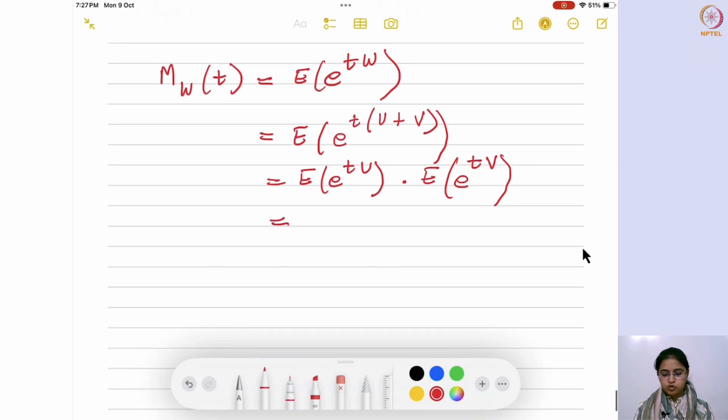This is basically the moment generating function of U at t, and this is the moment generating function of random variable V at t.